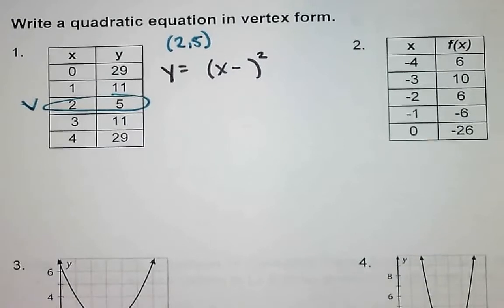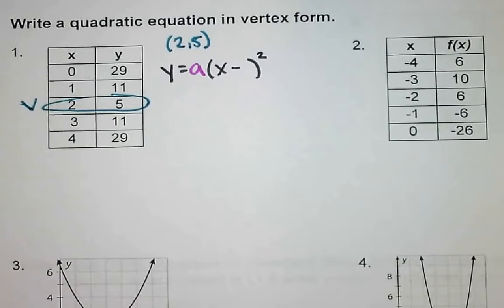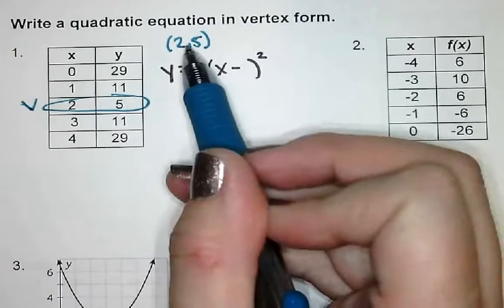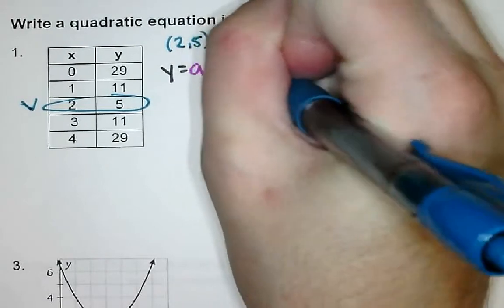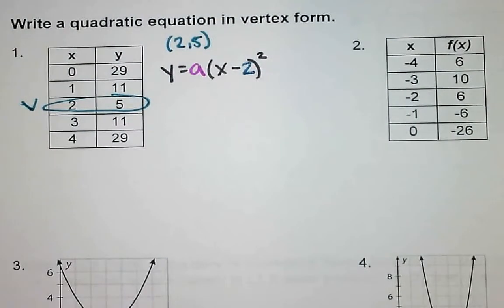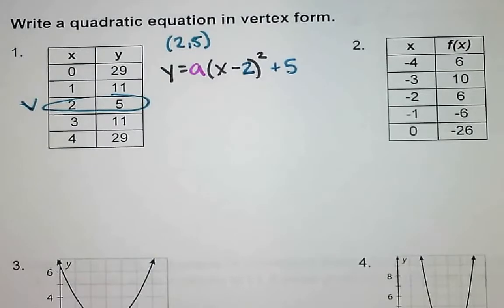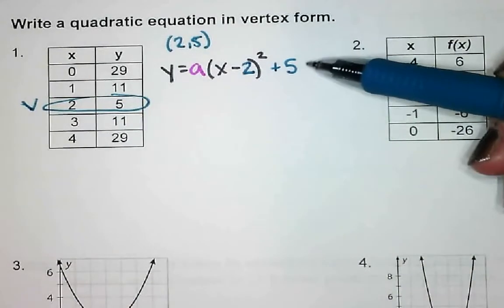Instead of f of x, I put y. We do not know our a value. What is my x value going to be, y'all? Oh, yeah, it's going to be x minus 2. Very good. Not x plus 2. And then our k value at the end here would be plus 5. Are y'all good with that shell so far? Okay, so this is the shell that we're working with.